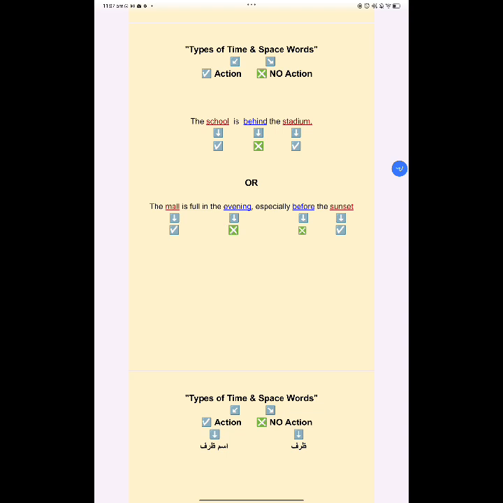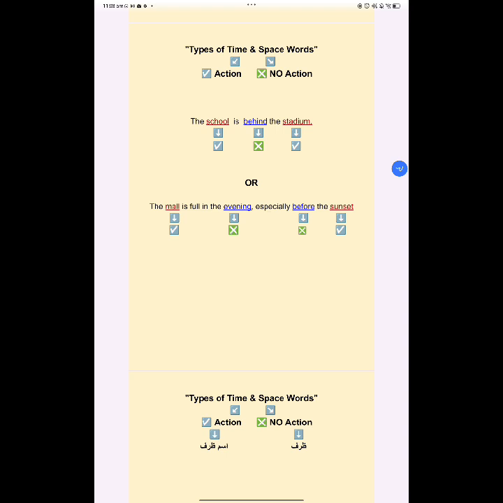It is zarf zaman, right? Time. However, is there any action associated with the word evening on its own? No, right? There could be tons of things that could be happening or not happening in the evening time. So it is just a zarf zaman without any special or specific action associated to it.